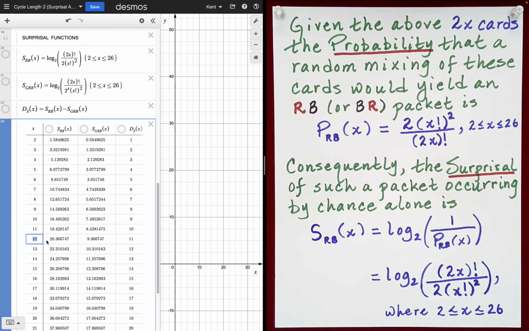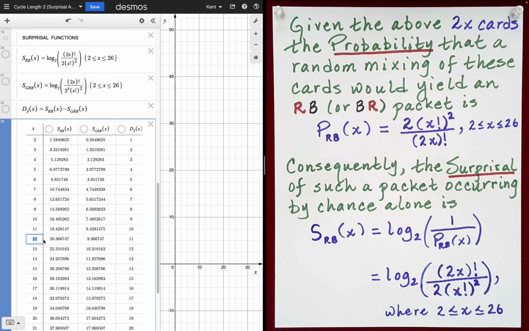The level of surprise associated with that outcome is the same as having 12 red cards and 12 black cards, mixing them randomly, laying them out, and finding that they alternate red, black, or possibly black, red throughout. Okay, so that gives you an idea as to how unlikely or how surprising that outcome would be.